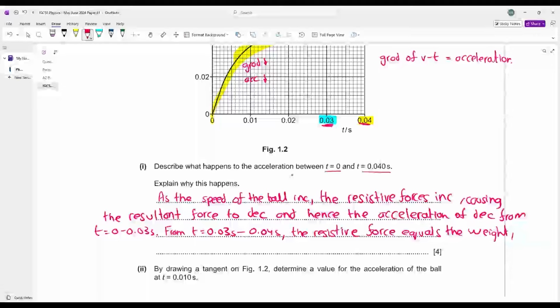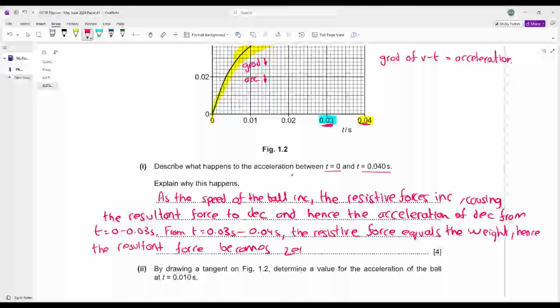Hence, the resultant force becomes 0, and acceleration becomes 0. Simple. Let's further move ahead.